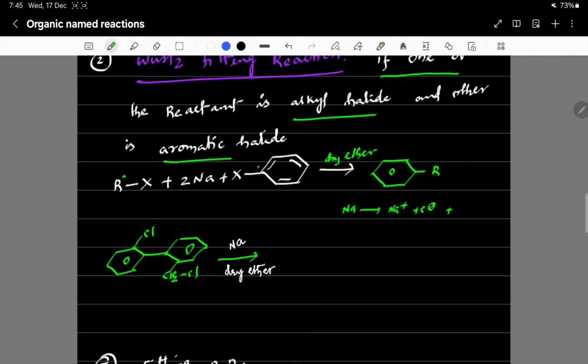This reacts with RX, and this will form an R radical. Similarly, this is PhX. So the electron will leave, and then it will form a Ph radical. This Ph radical and R radical will recombine, then it will form aryl alkanes as the product.